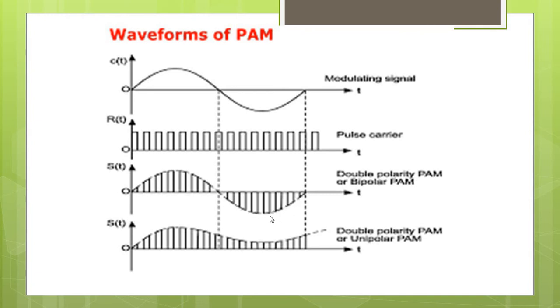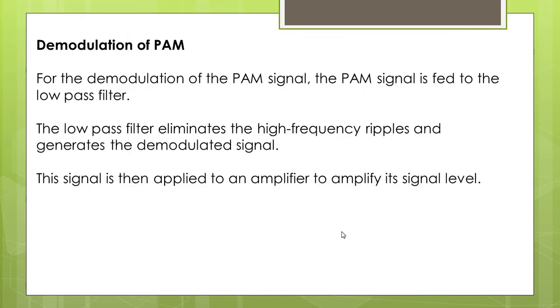bipolar pulse amplitude modulation. You can see that the waveform is present on the positive side as well as on the negative side. So the last one is the single polarity or unipolar PAM. Sorry, it is written double here, it is actually single polarity.